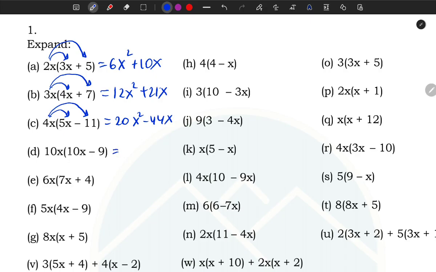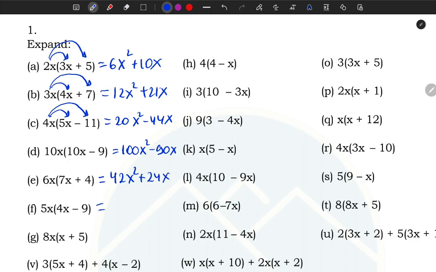Variant D. We need to multiply 10x by 10x, we get 100x squared minus 90x. Variant E. We multiply 3x by 7x, we get 42x squared plus, then we multiply 6x by 4, we get 24x.